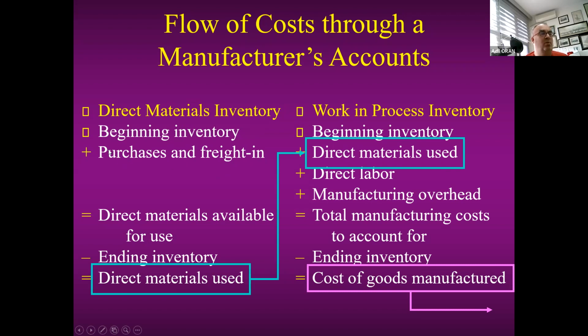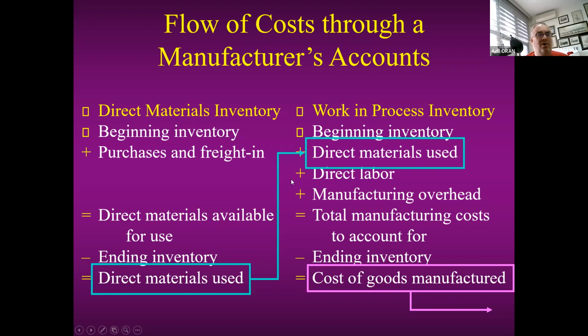In addition to this, we buy some additional raw material this period, including the freight to get it to your store. The sum of these is the direct materials available to be used, the maximum that we could use. But if we have some left over at the end of the period in ending inventory of direct materials, then deducting this tells us the total amount of direct materials used in this period.